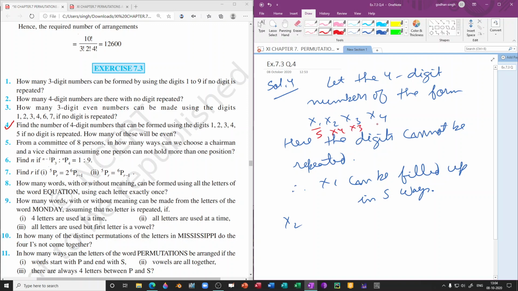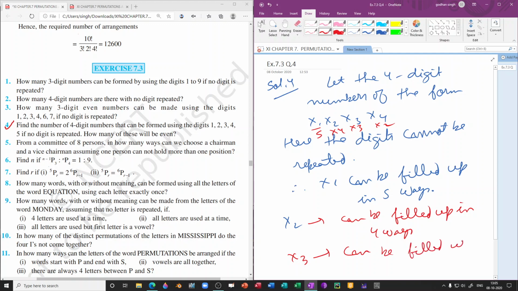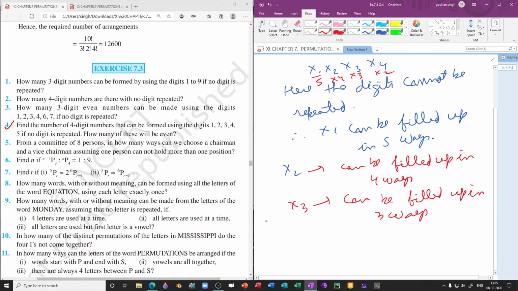The next can be filled up in 3 ways, and the last can be filled up in 2 ways.